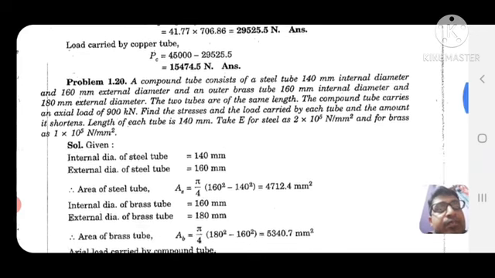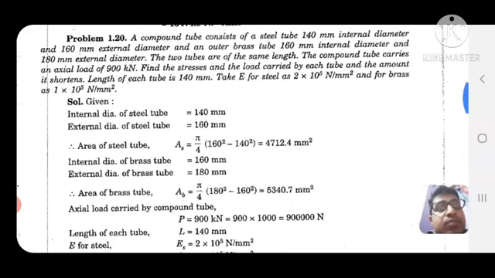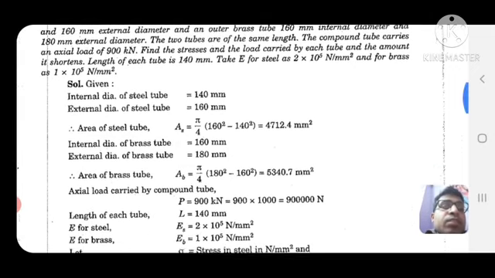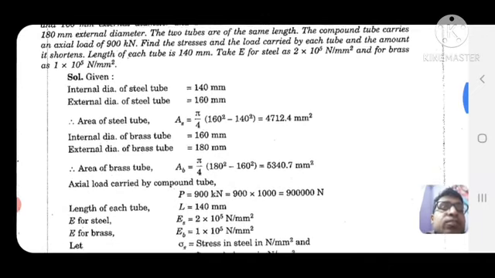Another one: a compound tube consists of a steel tube 140 mm internal diameter and 160 mm external diameter, and an outer brass tube 160 mm internal diameter and 180 mm external diameter. The two tubes are of the same length. The compound tube carries an axial load of 900 kN.